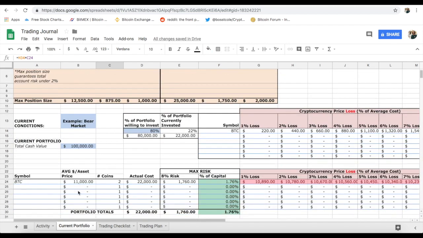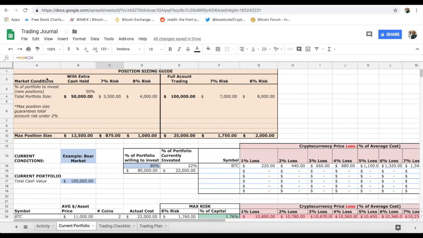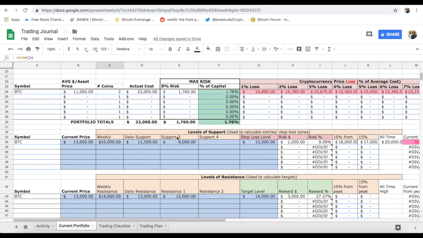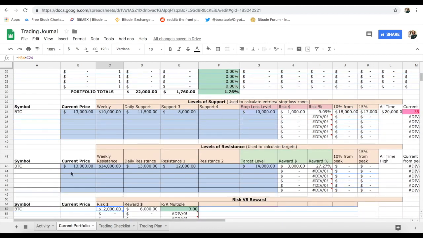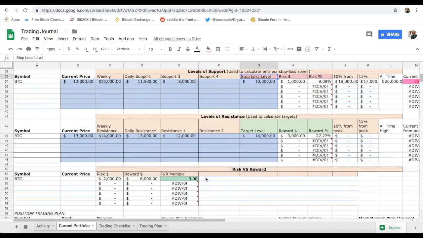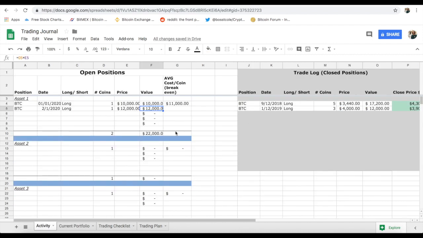Now we've got our trade, our open position. We've got all of this different information, our portfolio sizing, where all of our stops are that we need to watch, where all of our supports are, where all of our resistances are, where our target is, stop loss, risk reward. It's all there. Now, if we want to close this position, what we need to do is copy this.